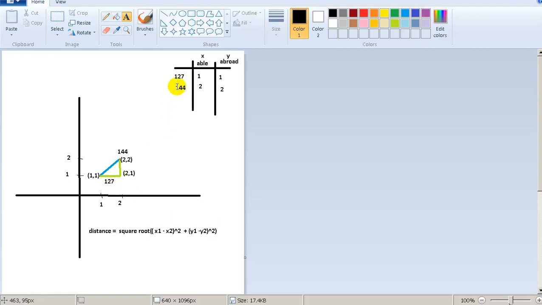Now we can talk about how far document 127 is from document 144 in terms of these two variables, in terms of these two words. But if we had 3 variables, then we could call one more z, and this formula would be x1 minus x2 squared plus y1 minus y2 squared plus z1 minus z2 squared.